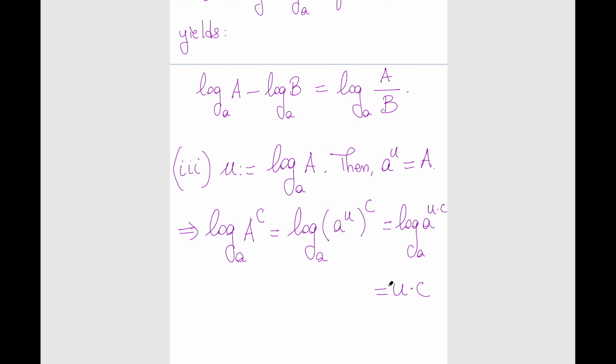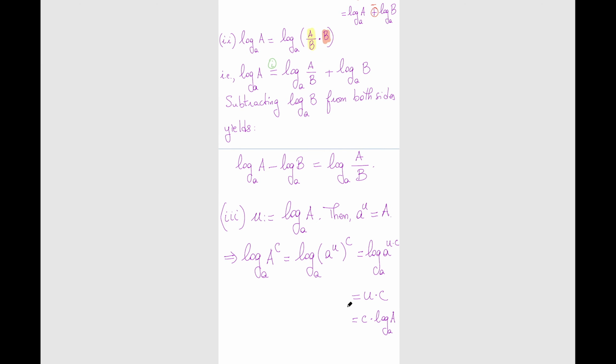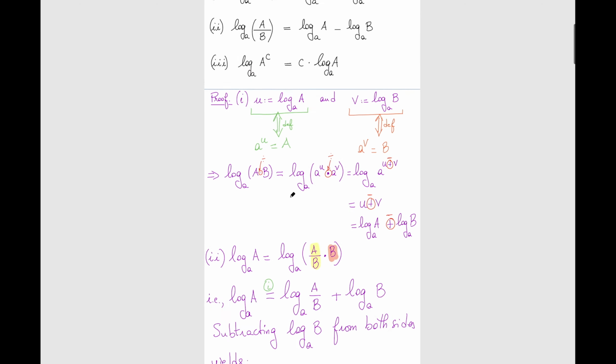So this is the same thing as saying c times log base a of capital A, right? Now look, log base a of capital A to power c is equal to c times log base a of capital A. That's exactly property 3. That's exactly what you wanted to show.